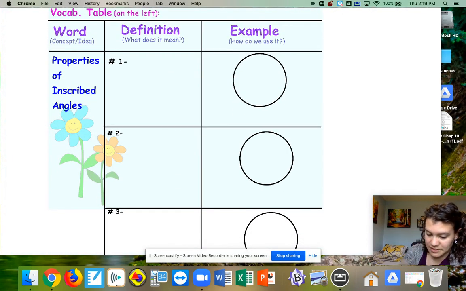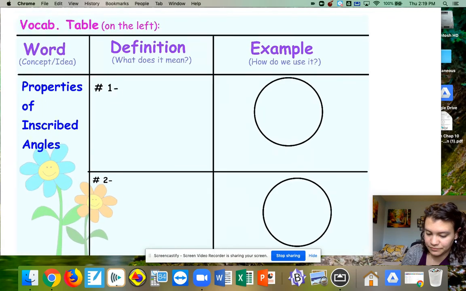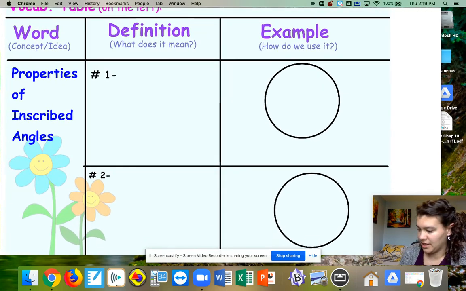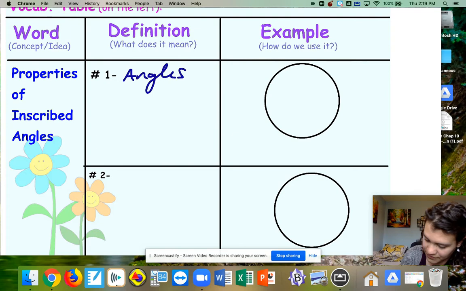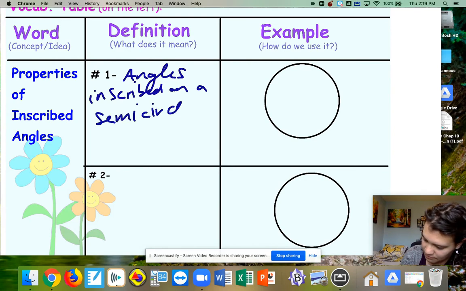So some more definitions, different properties. The first property is that angles inscribed in a semicircle are always 90 degrees.